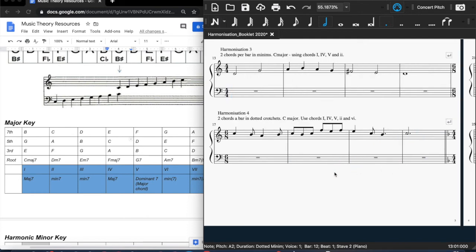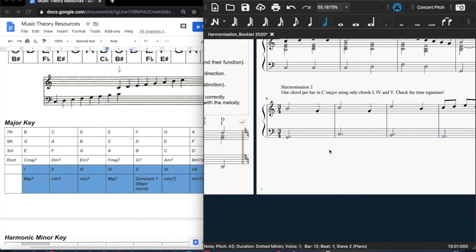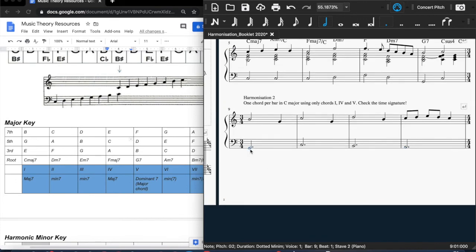If I'm thinking about the bass line, I've got a G chord and a C chord in root position, but then I would have a G over a B, so first inversion, and then an A minor chord, and this inversion allows me to create a nice scalic bass line.